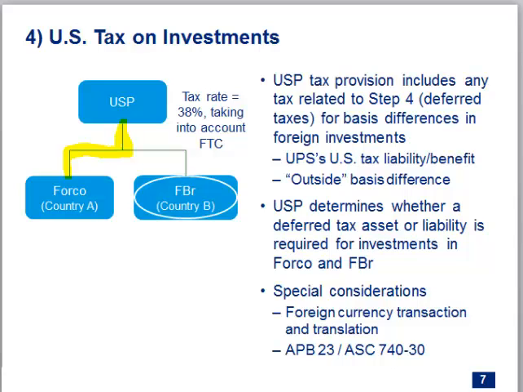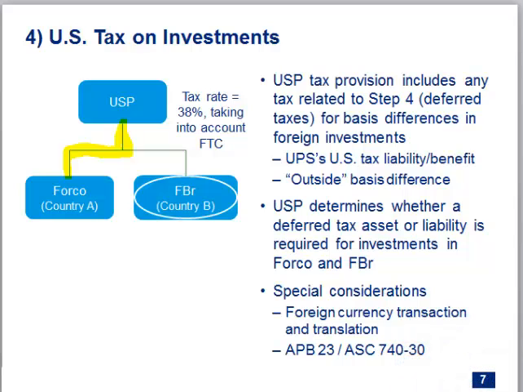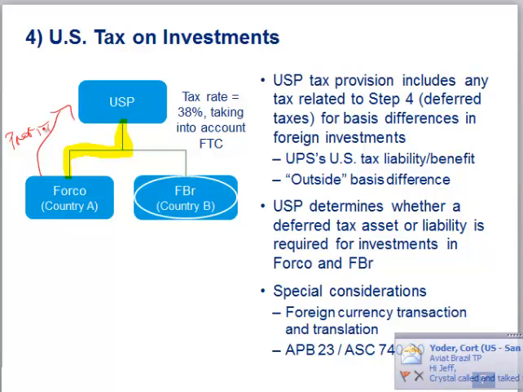The way that the U.S. tax system is going to tax those profits is as if, let's say Forco made 100 pounds of profit, if they distribute that profit up to USP as a dividend, then USP is going to be taxed in the U.S. on that dividend income. So what you read in the reading with Microsoft, and what you have heard many times in this class already, is that people don't pay dividends.